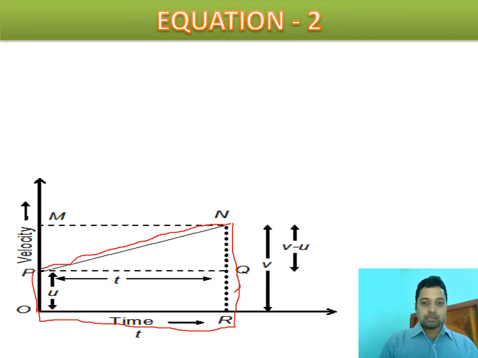Two sides, NR and OP, are parallel to each other. So OPNR is a trapezium. If we take the area of this trapezium, we will be able to get the area of this graph, or displacement of this body.